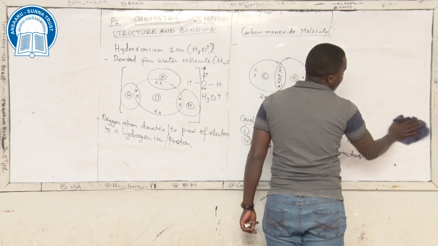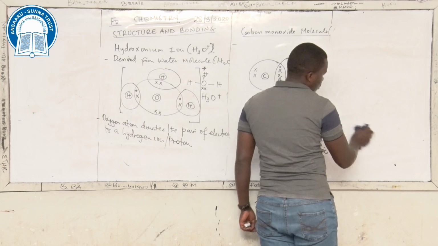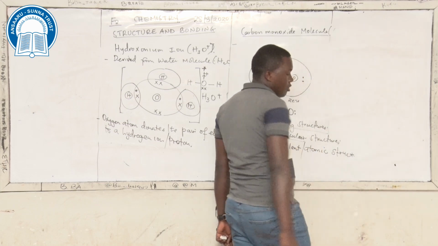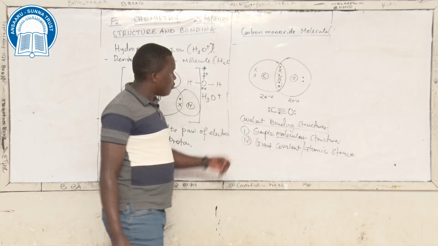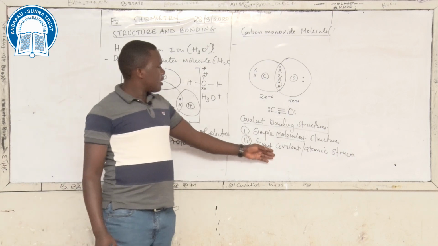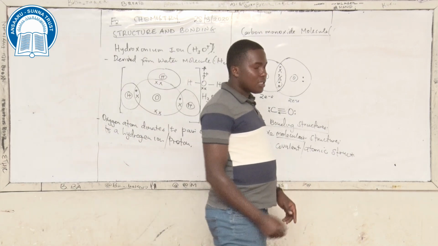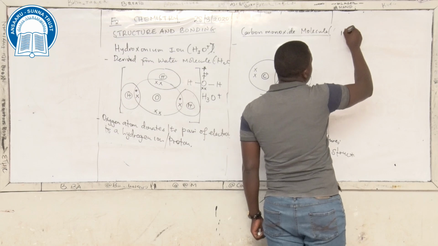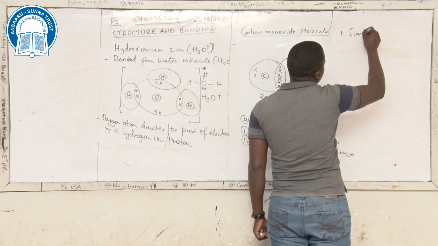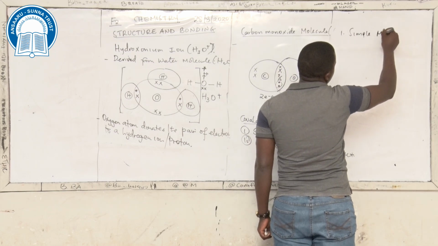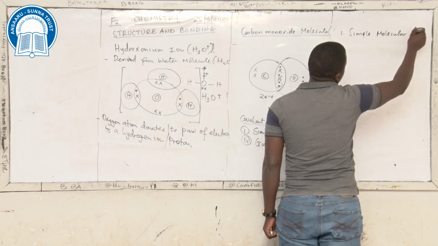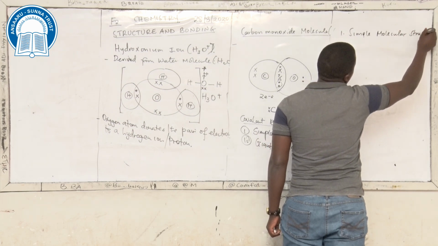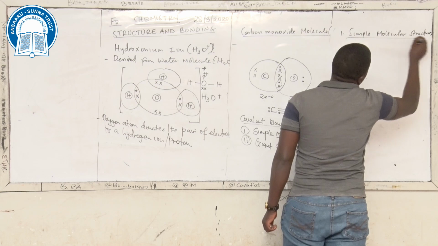We want to look at some of the properties or some of the common substances that have simple molecular structures and the ones that have giant covalent structures. So let's start with number one, simple molecular structures.